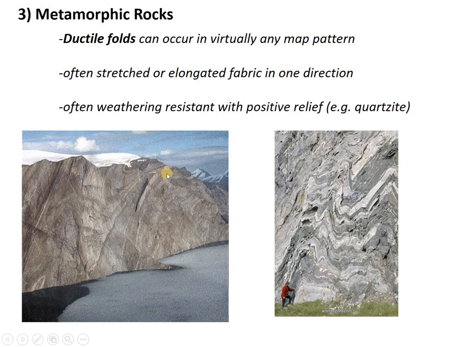They can be folded, creating small-scale or large-scale folds across the landscape. They're often weathering resistant, not always, but because the metamorphic process tends to sinter and consolidate rocks into things like quartzite and gneiss, those metamorphic rocks often do have a positive relief in the landscape.